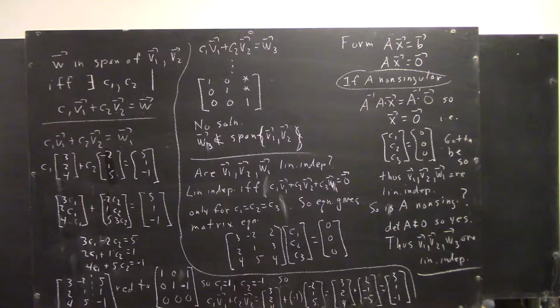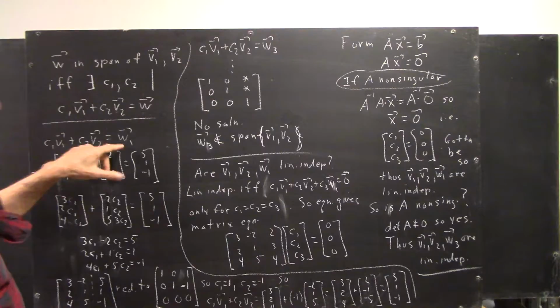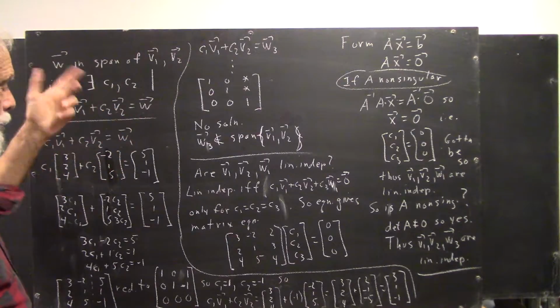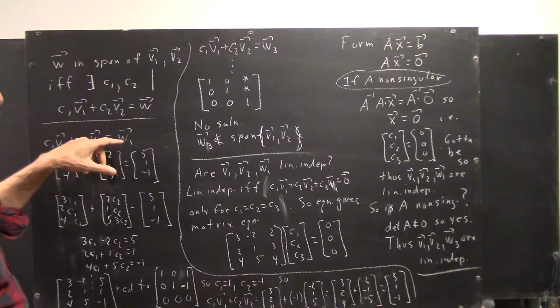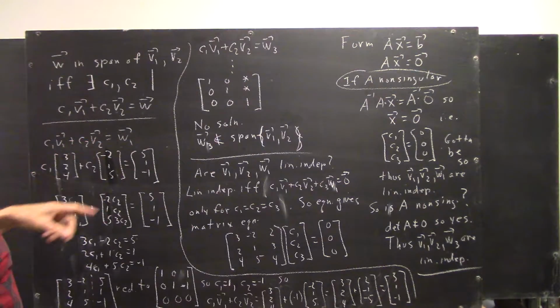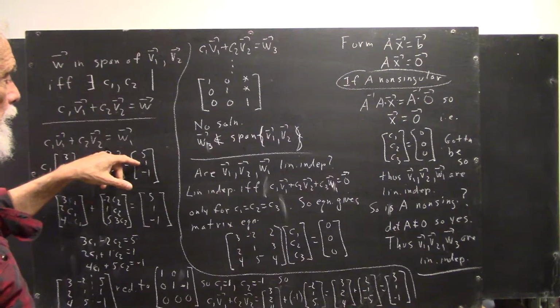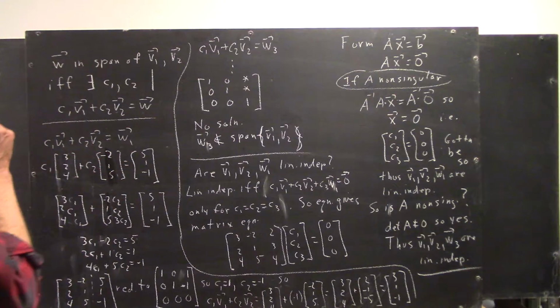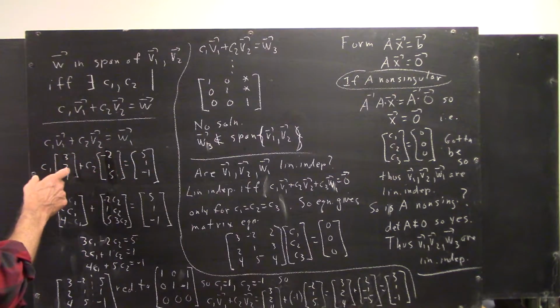Well, we're given vectors for v1 and v2 and w, and we're asked if w is in the span. So we write down this equation again. That vector now, instead of just plain old w, is a specific vector w1, which is equal to the column vector 5, 1, negative 1. Okay, the vector v1 is 3, 2, 4.